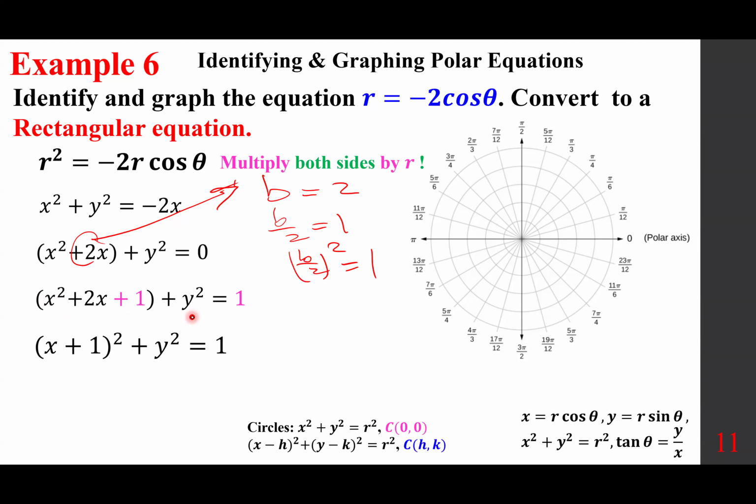Therefore, when we are looking at r equals negative 2 cosine theta, it's the same as x plus 1 quantity squared plus y squared equals 1. Polar format, rectangular format, everybody.